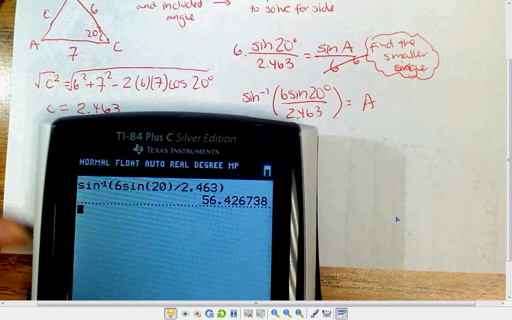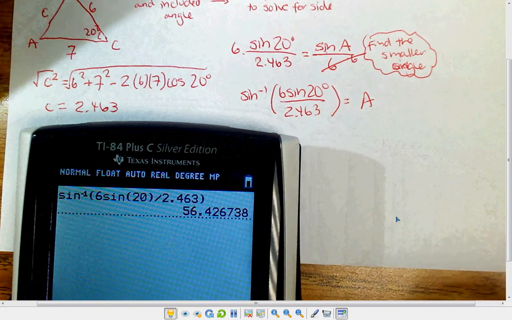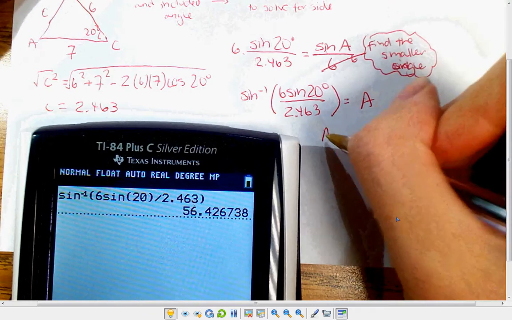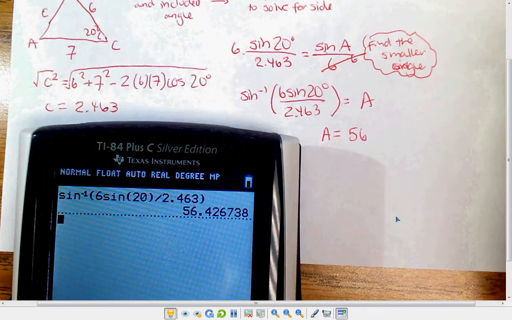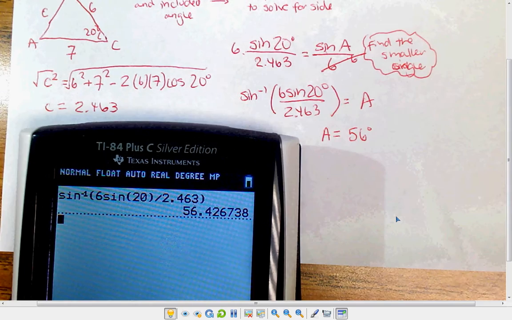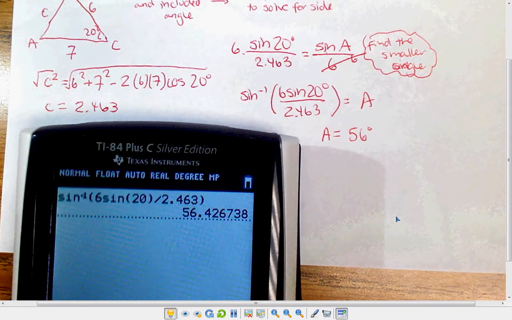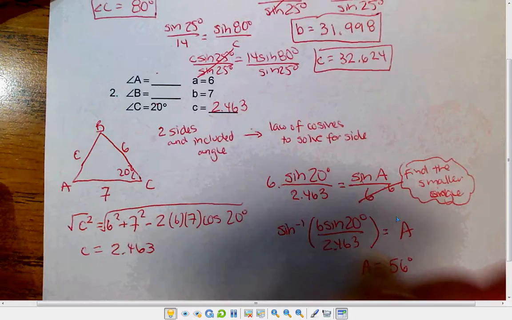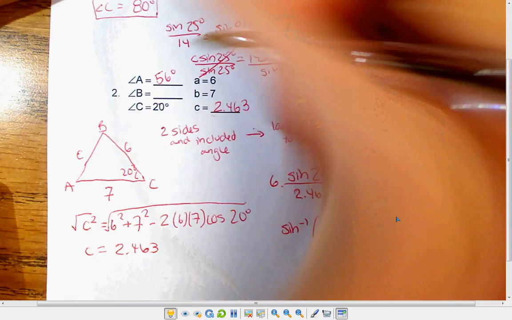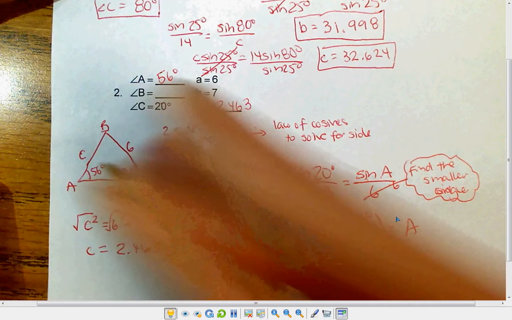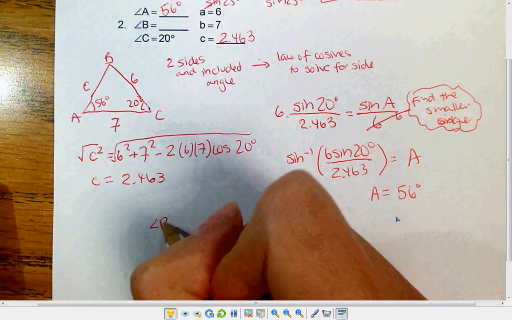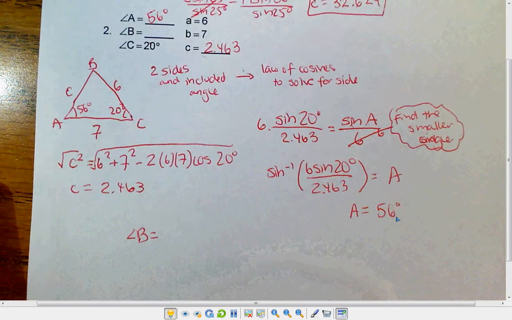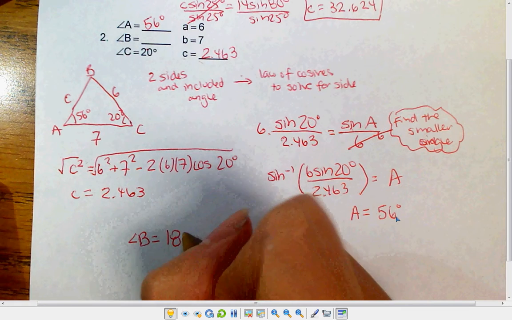And this gives us 56.4 because it is an angle, capital A. It is rounded to the whole number, so we can just leave it as 56 degrees. So now that we know 2 out of our 3 angles, to solve for our last angle, angle B, we can just now use our triangle sum theorem, which means they all add up to 180.